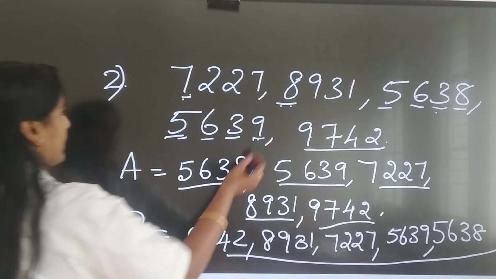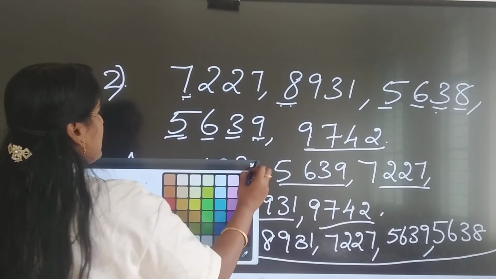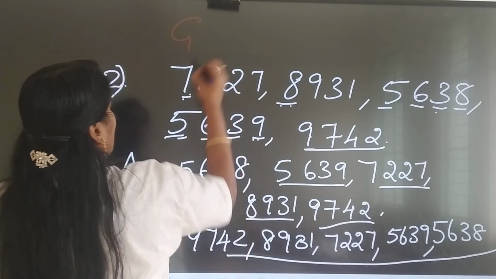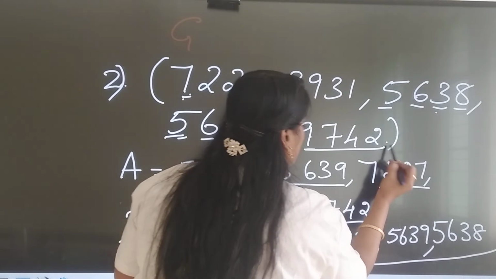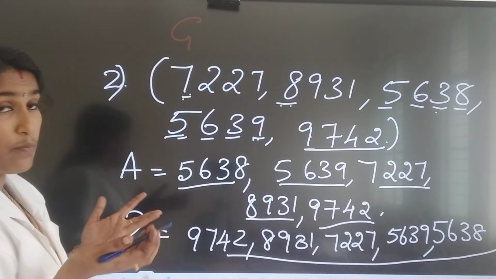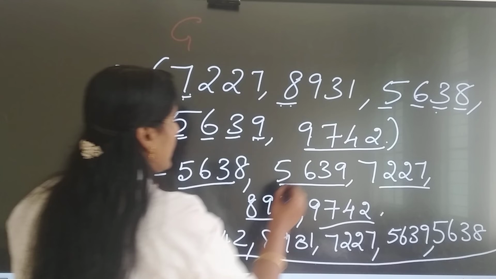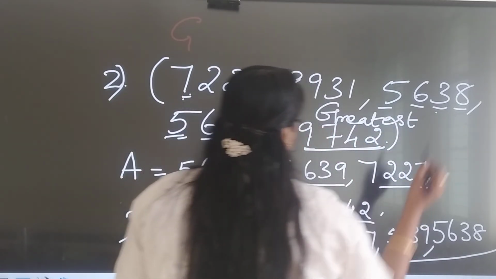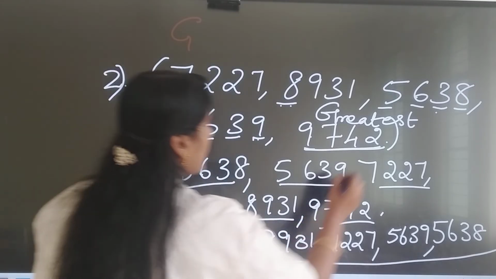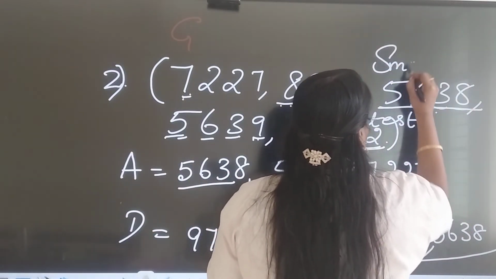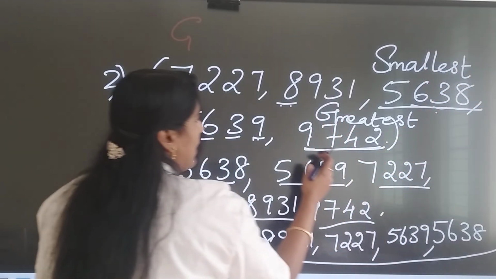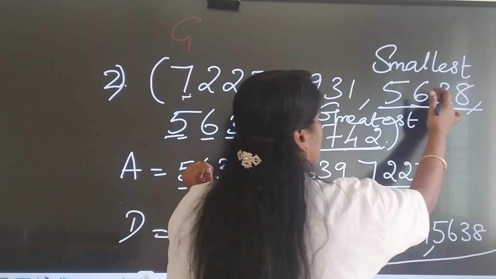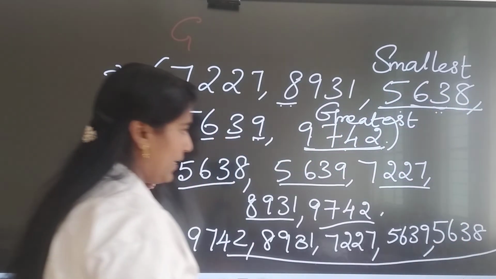Now let us check which one is the greatest number and which one is the smallest number from the given numbers. From the given numbers, 9,742 is the greatest number and the smallest number is 5,638.